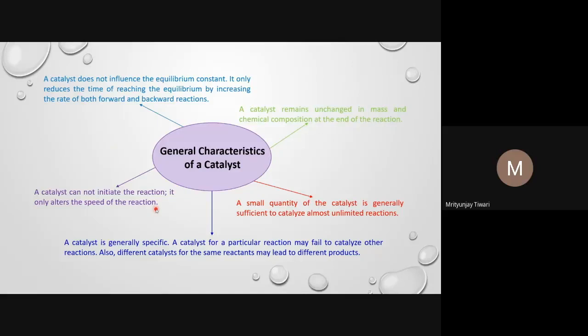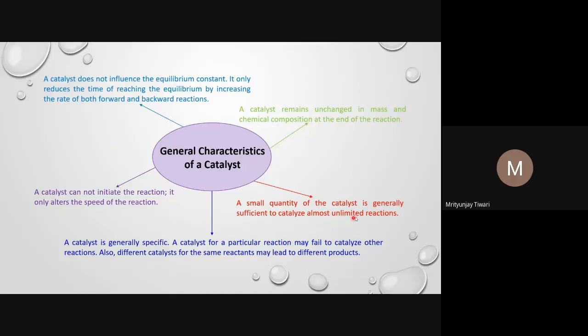So if there is no possibility for a reaction to happen in a given direction, it will not happen by addition of the catalyst. A catalyst can help certain reactions to happen, it just alters the rate or speed of the reaction. It does not start the reaction in the given direction. It doesn't change the reaction thermodynamics, or make a non-spontaneous reaction a spontaneous process.